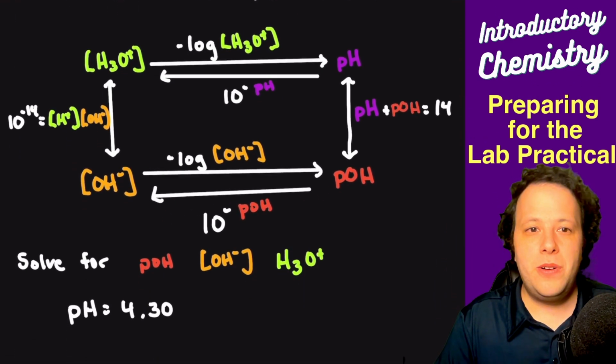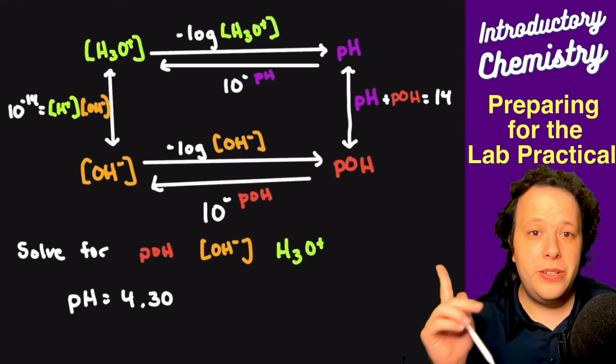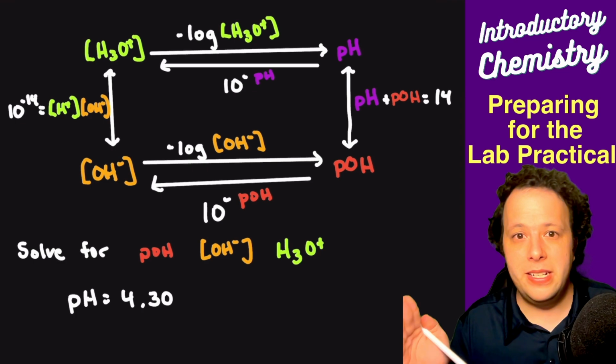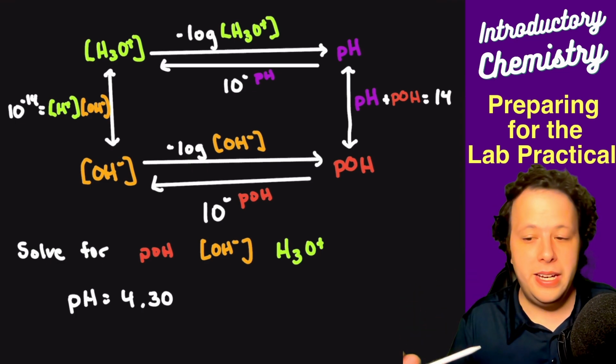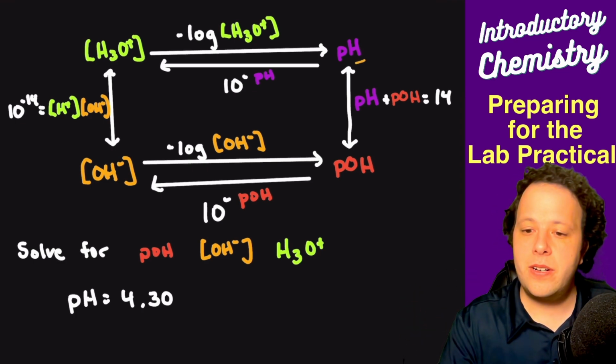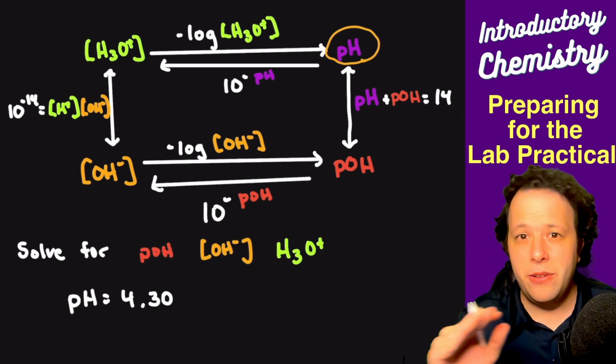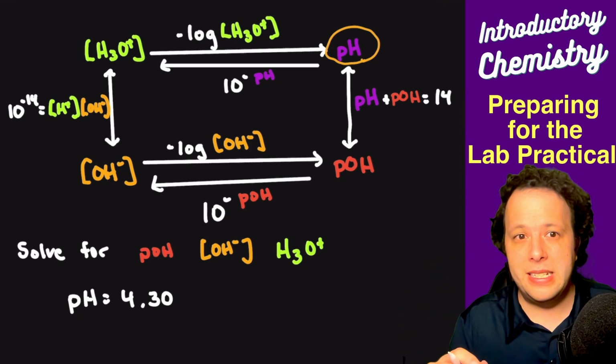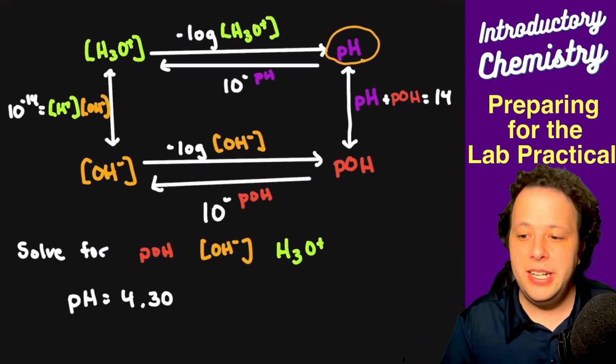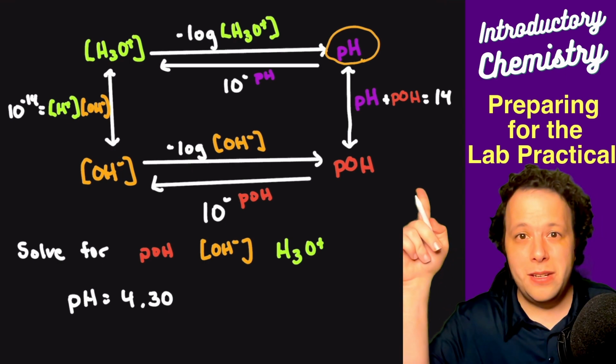Now, you will be given these formulas if you have to use them. But you need to be able to read a chart that looks like this. So let's say I want you to solve for pOH, OH minus, and H3O plus, and I give you the pH. If we start up here in the top right corner, we can follow any road to get to the other pieces. If I have pH, the easiest one to solve for is pOH.